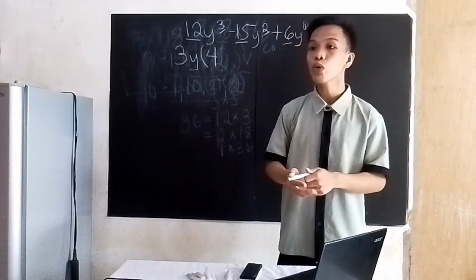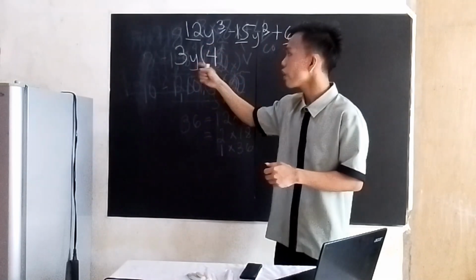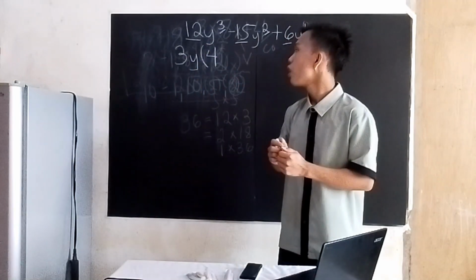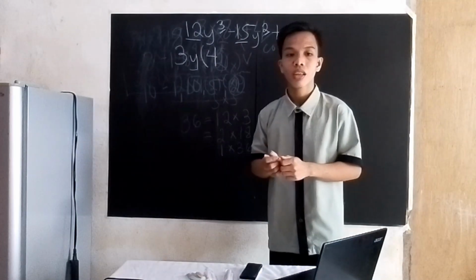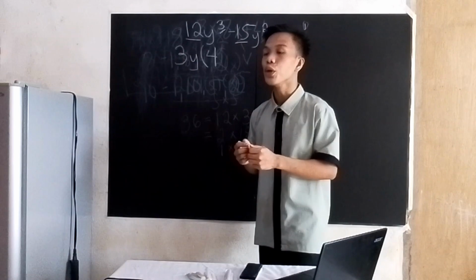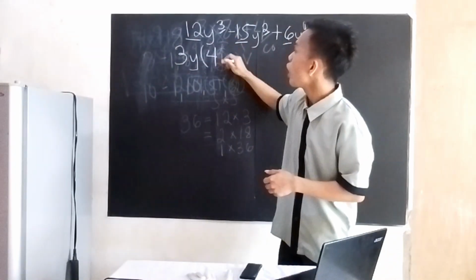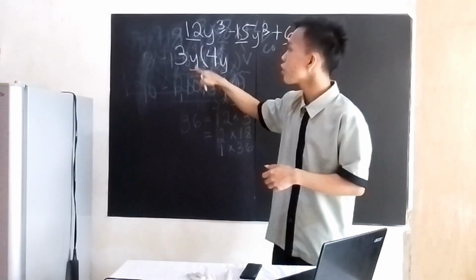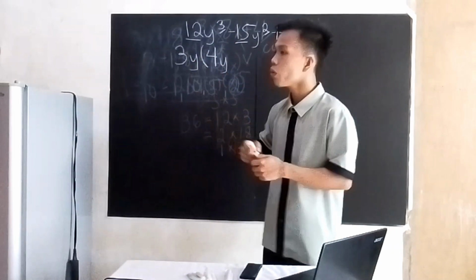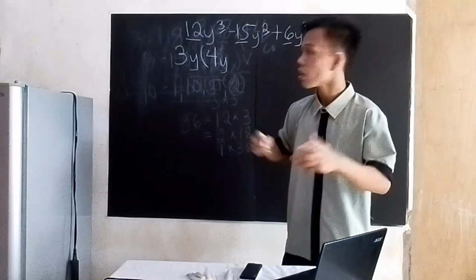Law of exponents. When we say law of exponents and it is quotient, what are we going to do with the exponent? That's right, we are going to subtract it. So what is 3 minus 1? It is understandable that y has one exponent. So 3 minus 1 is, that's right, 2.